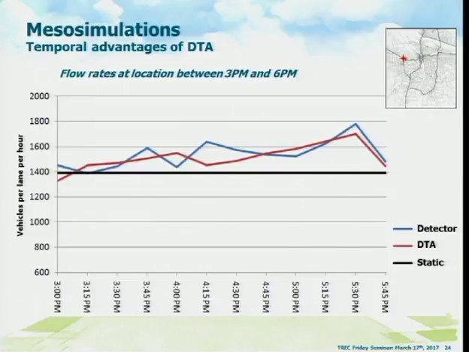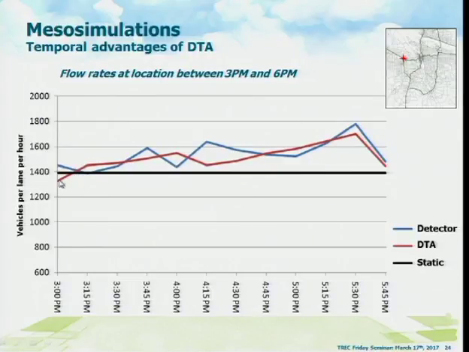So what I have here is loop detector data that's basically volume over a certain time period. You have these big metal rings out in the freeways, and they're counting the number of vehicles that are crossing over them. This blue line is the actual data, so this is empirical data that we've collected. This black line represents the volume that our static model says should be at that particular location.